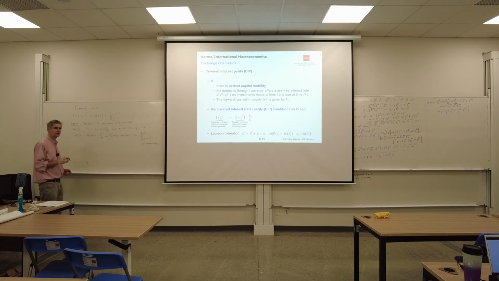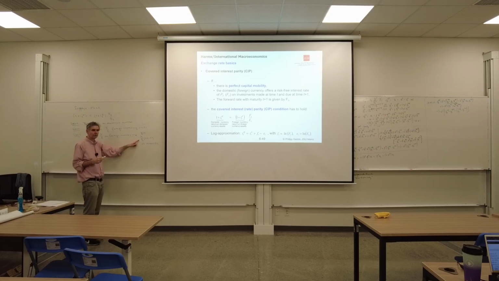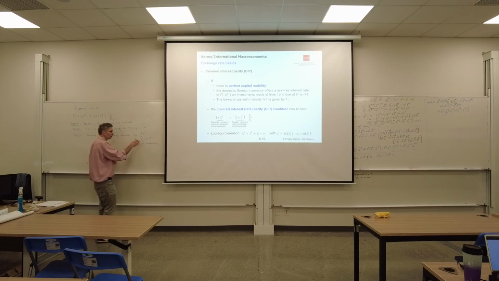Right? That's what you get. So this would be, you have X over E dollars, you put them into US Treasury bonds, and what you get is X over E times 1 plus i_F.